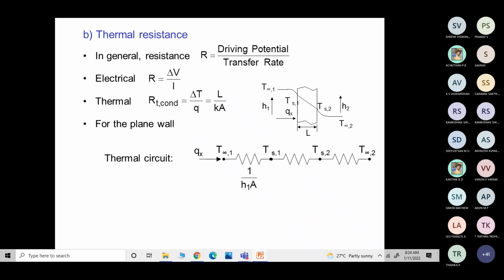Now we will be having the thermal circuit like this. First one is convective resistance, second one is conductive resistance, and the third one is convective resistance. That is mainly due to the two different fluids on both sides.